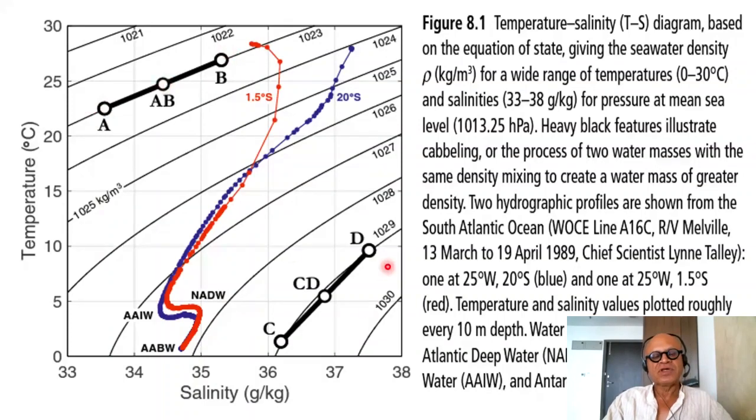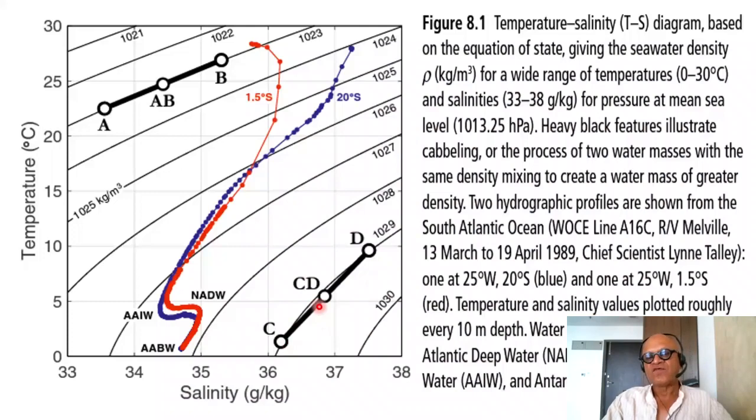Whereas if you go to another density line here at 1029, you see that if you mix C, which is also of the same density, with D, which is of the same density but warmer temperature and higher salinity, here colder temperature and lower salinity, then you end up with a third density CD, because the average temperature and average salinity of C and D give you a third density because of this nonlinearity.